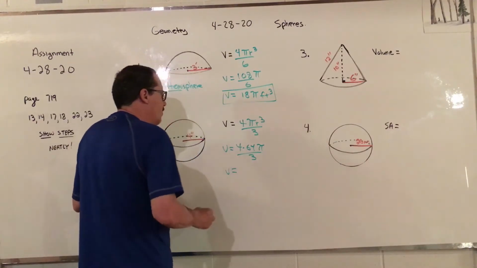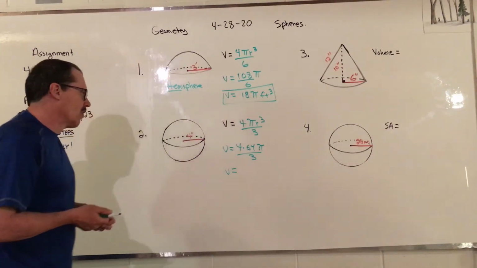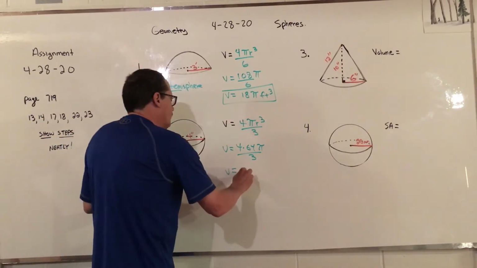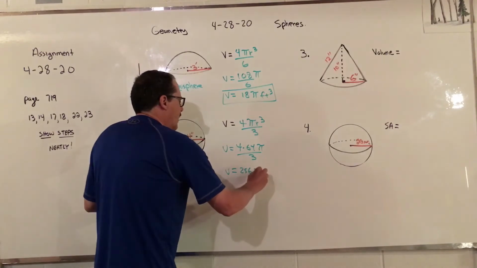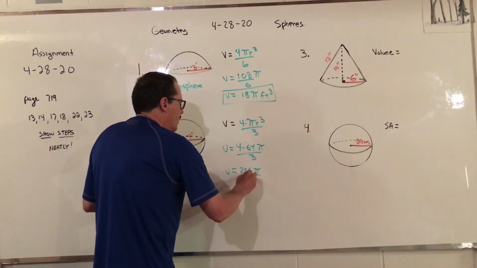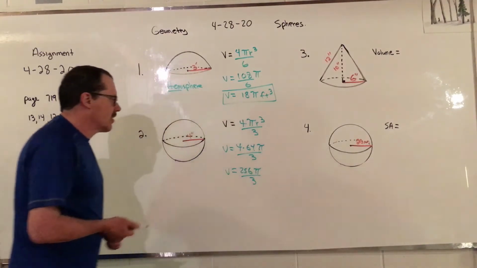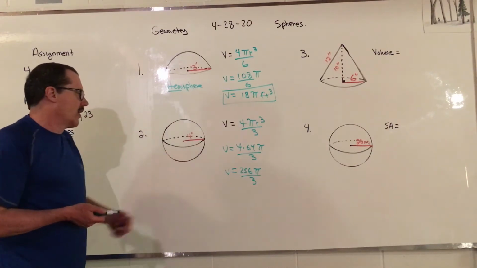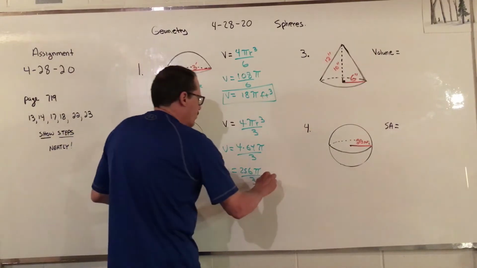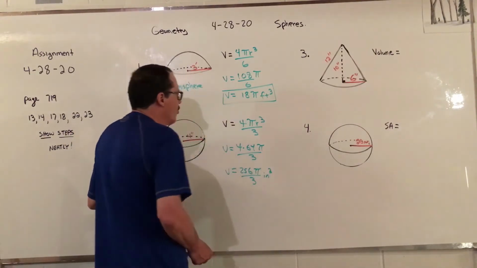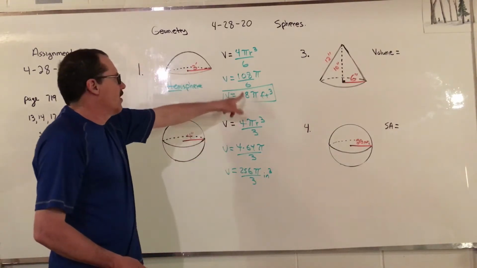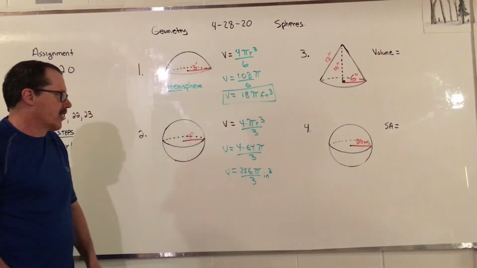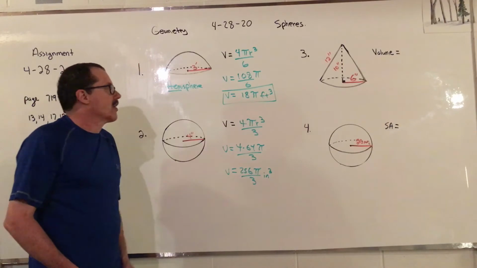So V equals 4 times 64, which is 256 pi over 3. Now 3 won't fit into 256 evenly, so you can just leave it like that. That's your answer. Just put your units on, which would be inches cubed. If you can divide it, you need to try, but if you get a decimal, you can just leave it like that as a fraction, and that's considered the exact correct answer.